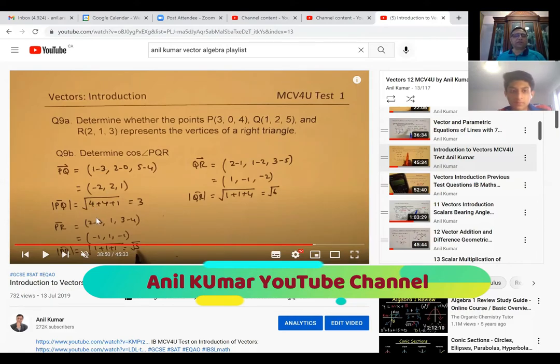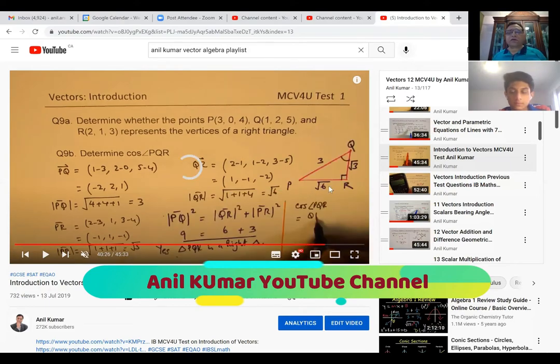So what we have done here is found the magnitudes of the three sides of PQR, and then shown that these are the sides of a right angle triangle, and that helps. Is it okay? Yes, sir. Correct. Once you have the three magnitudes, we can always find the angle PQR using the cosine law.